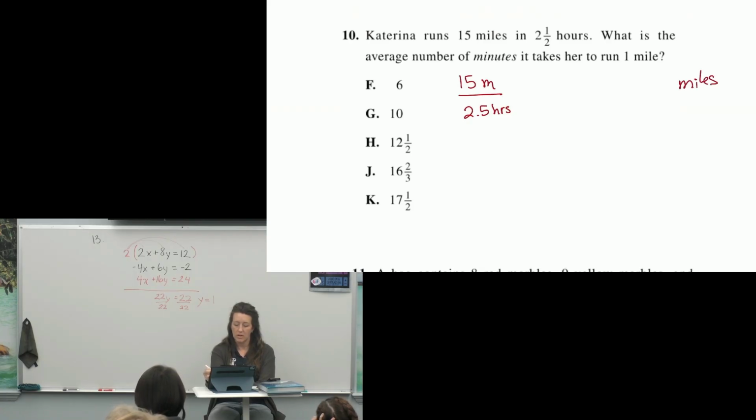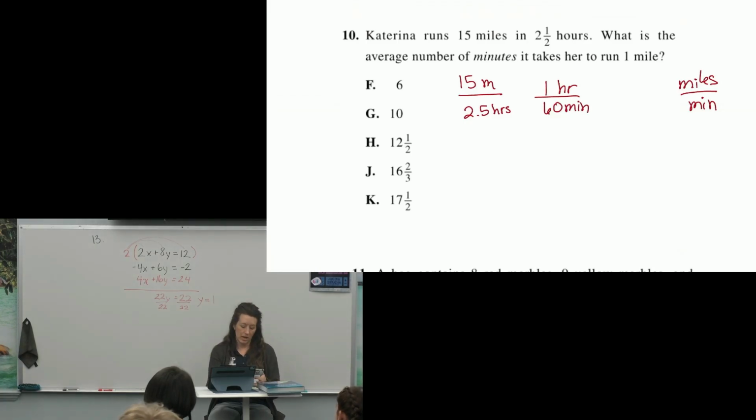Miles per minute is what I want to get to. So I basically need to get rid of my hours, right? Whoa, I did that wrong. Hours need to be on top. 1 hour, 60 minutes. So then we would have 15 on top. And then 60 times 2.5 is 150 on the bottom.